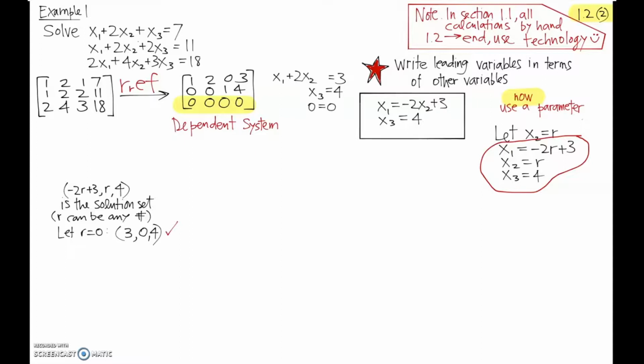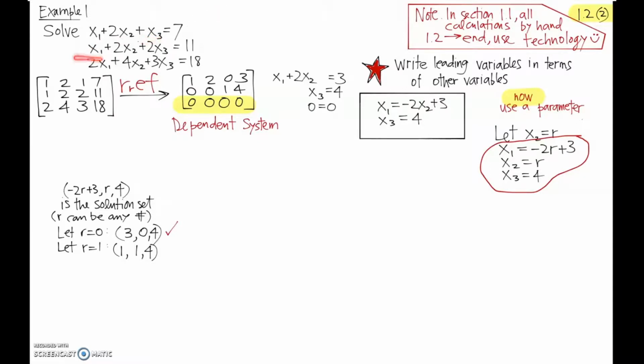Let's try another one. Let's keep it simple. Let's let r equal 1. Then if r equals 1, what does this pattern generate? It's negative 2 times 1 is negative 2 plus 3 is 1. r is 1. And then x3 stays as 4. So let's go check this solution and see if it works. I want to see if 1, 1, 4 is a solution to this system. So 1 plus 1 is 2, plus 4 is 7.